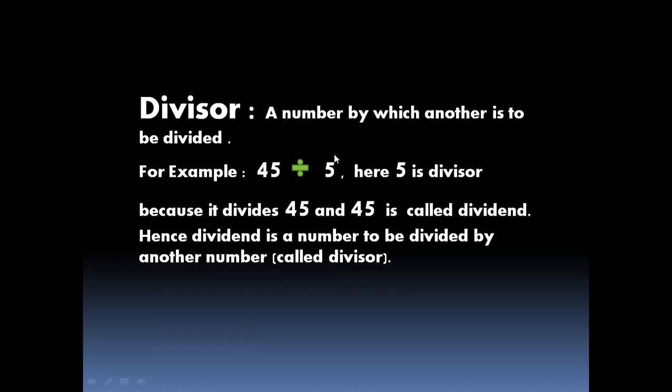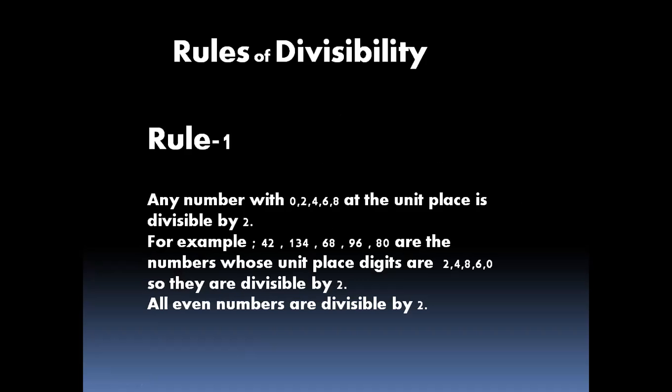Here 5 is divisor because it divides 45, while 45 is called dividend because dividend is a number to be divided by another number 5 called divisor. Students, this was a concept of divisor which we were using in the definition of rules of divisibility.